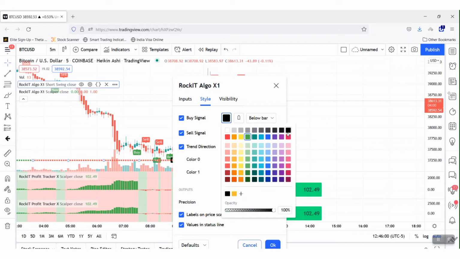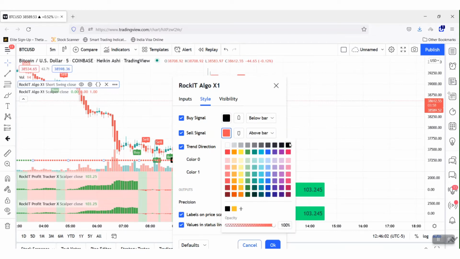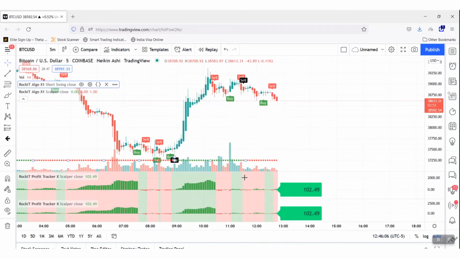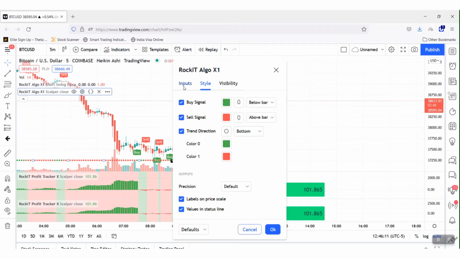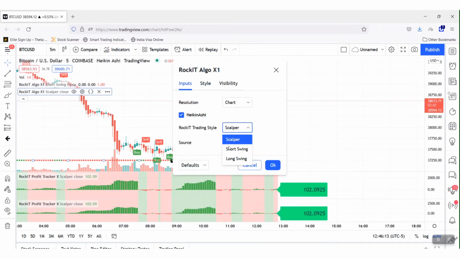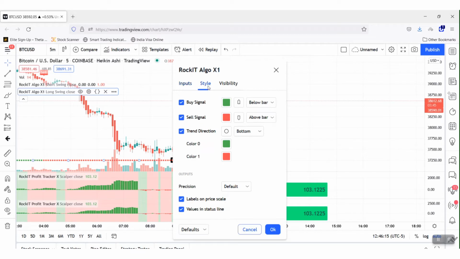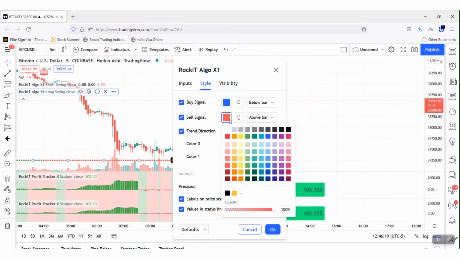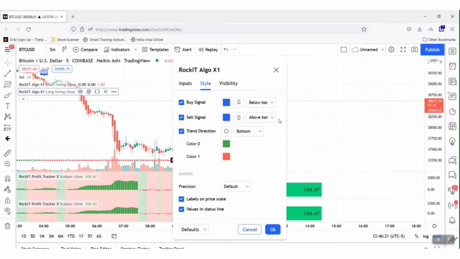So here we'll just do black, so all the black sell and buy signals will be the short signal. Now we change this second indicator to long swing, and then change the style to another color so that we can differentiate between long swing and short swing signals.